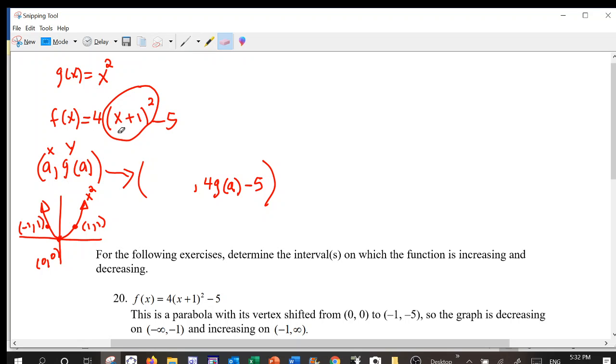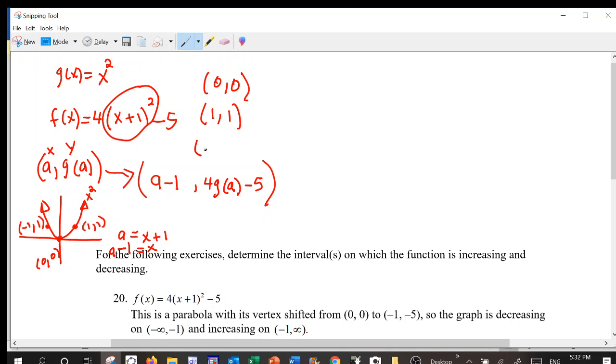Again, to get x, don't just put a plus 1. That's not right. You have to put a equal to x plus 1 and solve for x. So x is going to equal a minus 1, right?